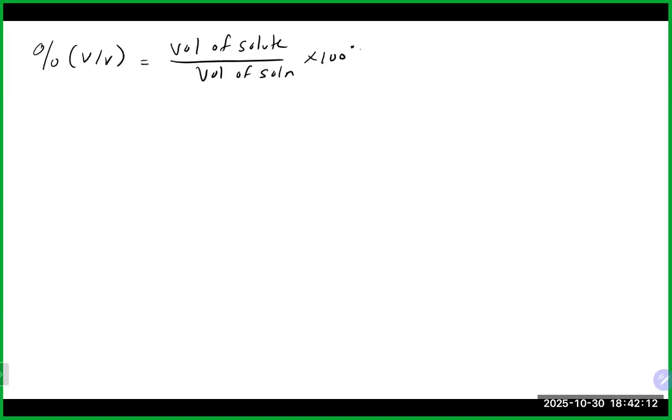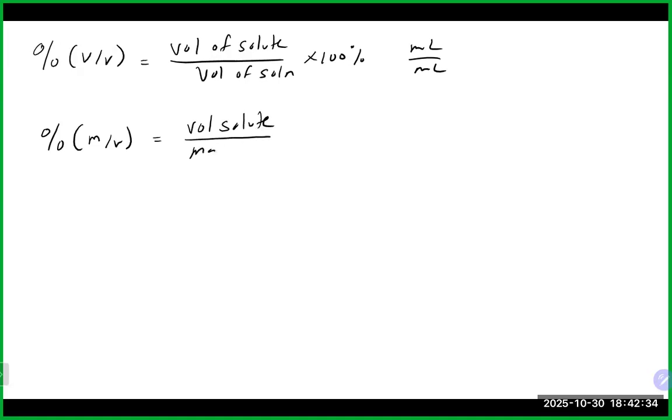For example, there is percent V/V, which is volume percent, and that is the volume of solute over the volume of solution times 100%. It's usually milliliters over milliliters, and they will cancel out, and it's usually just a percentage.